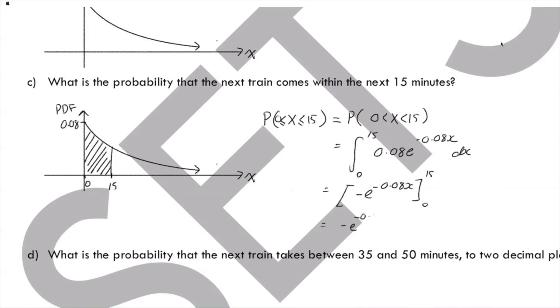Negative e to the minus 0.08 times 15, minus e to the negative 0.08 times 0. The second one all goes to 1.